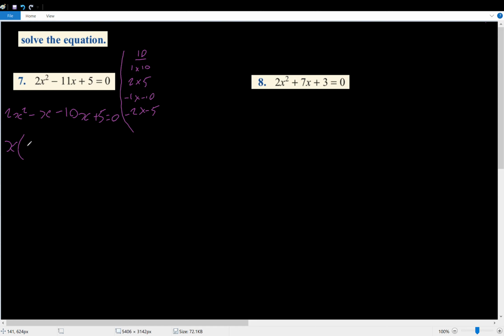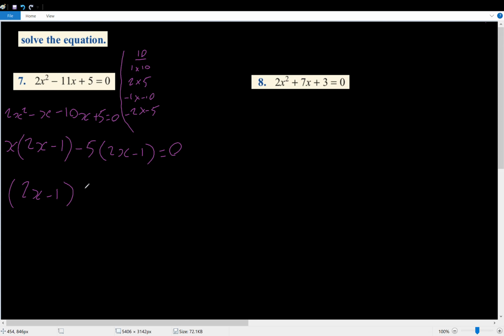So inside our bracket we're going to have 2x minus 1. And now our highest common factor from the other two is going to be minus 5. So we take minus 5 out, and then inside the bracket we're going to have 2x minus 1, and that's still equal to 0. And now we've got the same bracket for both of these, so that's our common factor now.